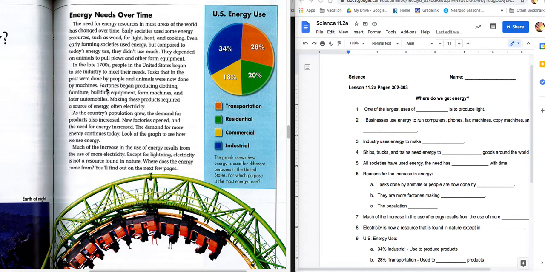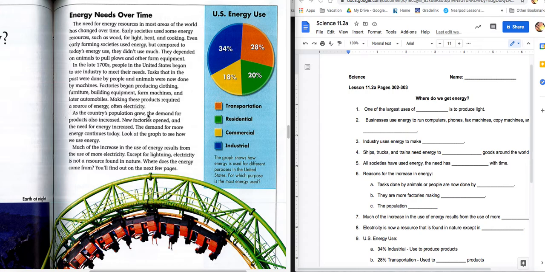Reason number 2, factories began producing clothing, furniture, building equipment, farm machines, later automobiles. Making these products required a source of energy. Usually it was electricity, guys. So when we get to our test, they're going to talk about what is most energy used for. It's electricity.